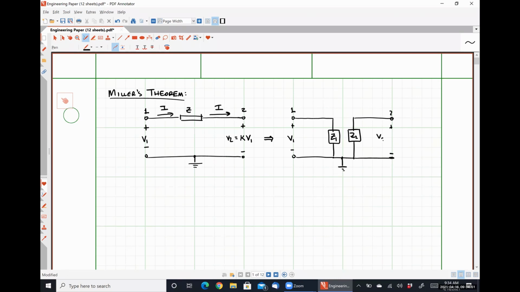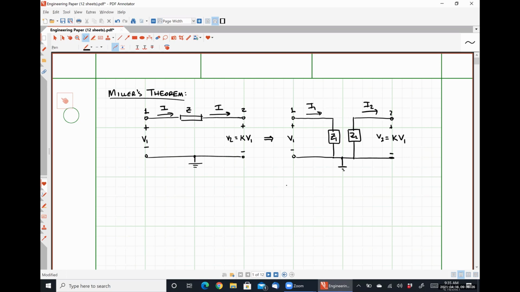And I still have my relationship V2 is equal to K times V1 here, but now I have a current of I1 flowing, and here I have a current of I2 flowing. So to recap, Miller's theorem says that we can replace a floating impedance Z with two impedances, one placed between node 1 and ground, and the other placed between node 2 and ground.